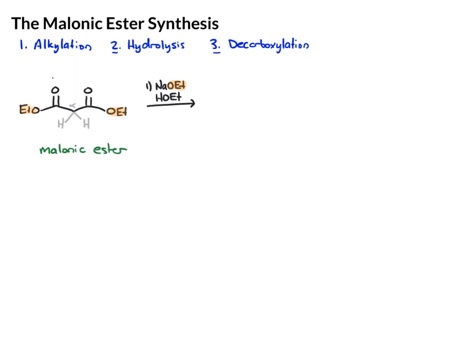If not, then it can convert one ester into another ester and give you a mixture of products. So always try to match your base with your ester if the ester is a starting material. And then we'll do the second step. Let's say you want to put an ethyl group at the alpha position. We can use something like ethyl bromide.